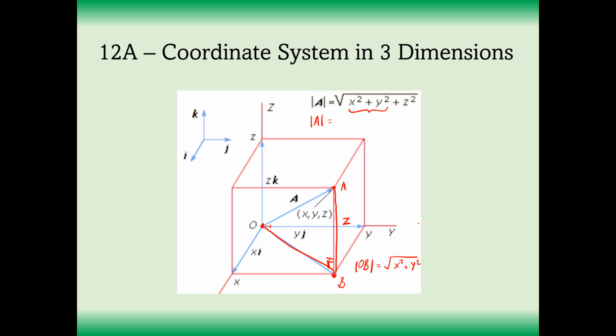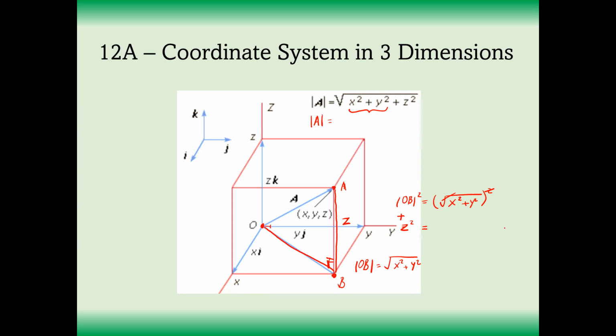That means that now we need to square OB, and OB squared is going to be the square of the square root of x squared and y squared. Therefore, this square and the square root cancel away. And we said we need to add z squared to that to find the length of OA.